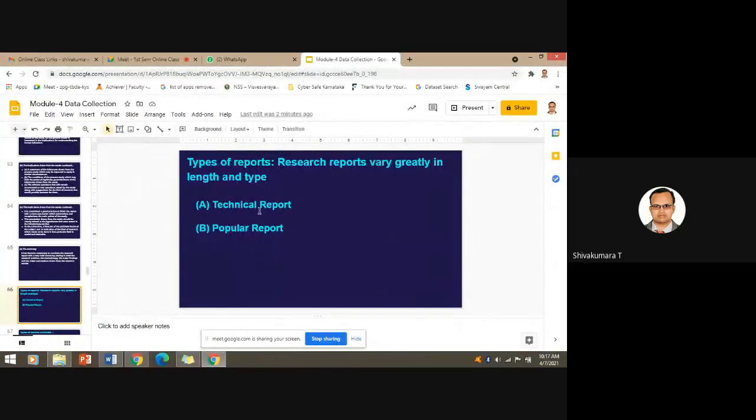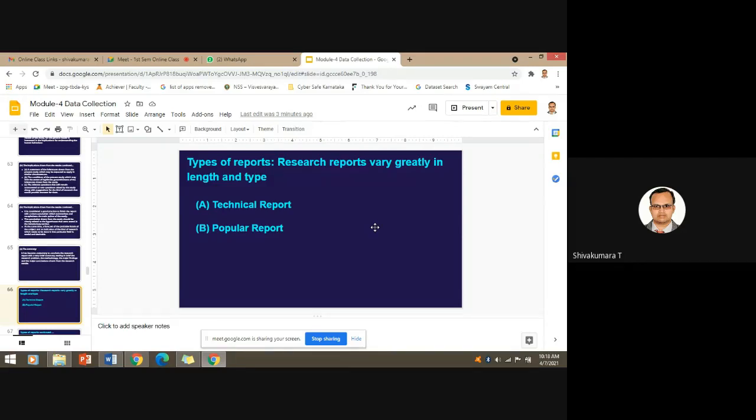Types of reports: technical report and popular report. What you have just seen is a technical report. Popular reports are those usually written for governmental reports. Suppose the PWD, Public Works Department, has done some work and provides the report.